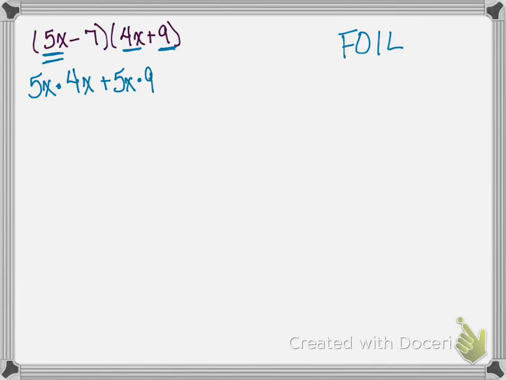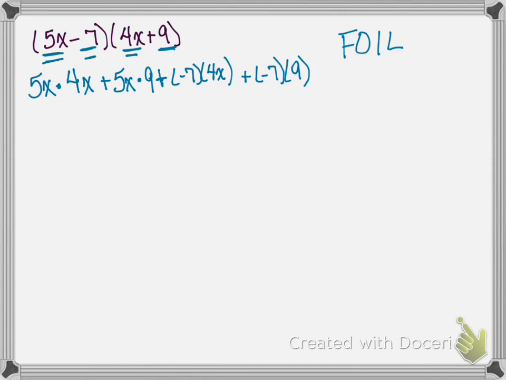Then my inner term is negative 7 times 4x. Whoops, I'm going to put plus negative 7 times 4x. And then my last are negative 7 times positive 9. Okay?